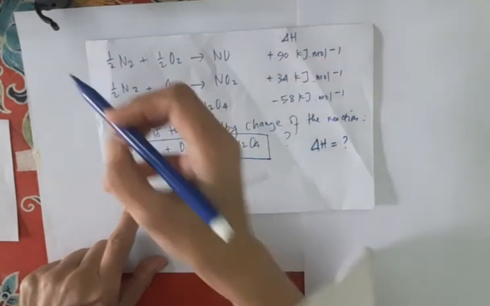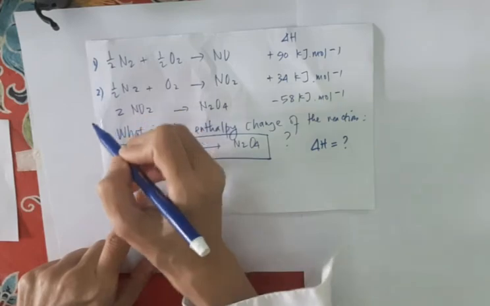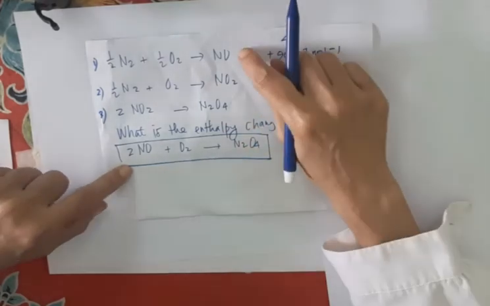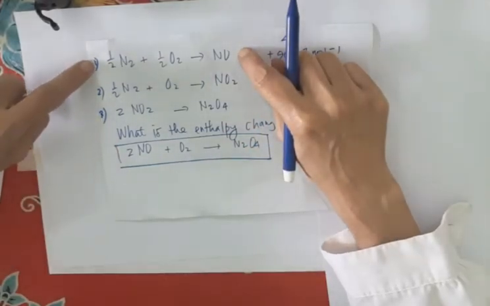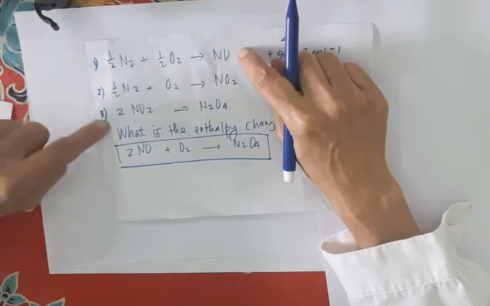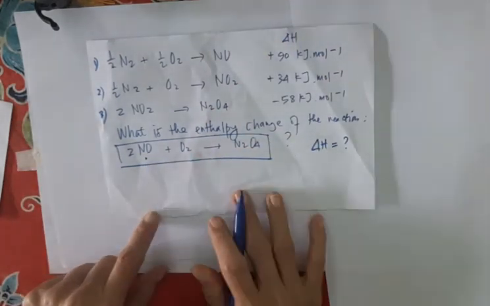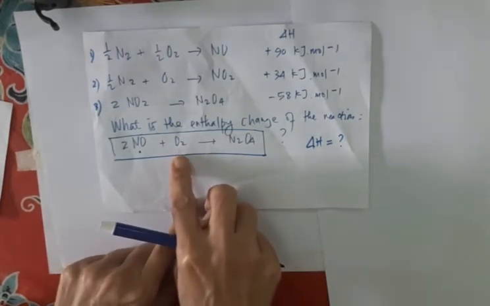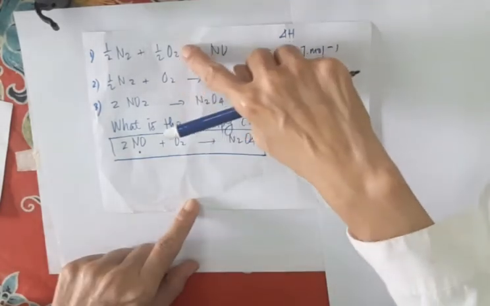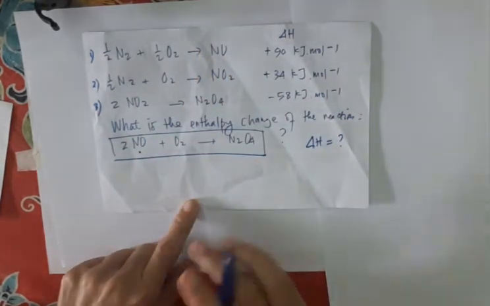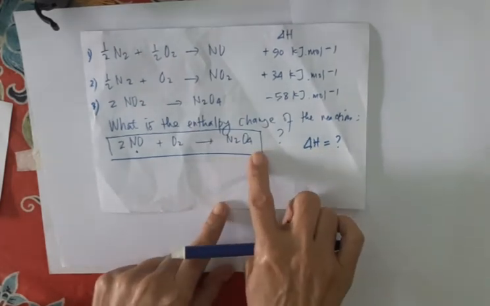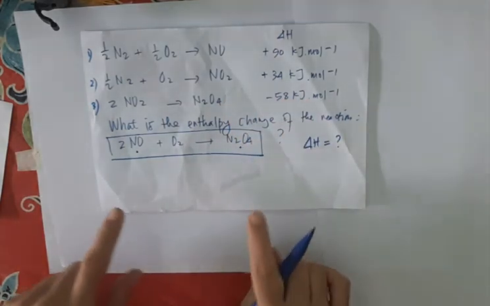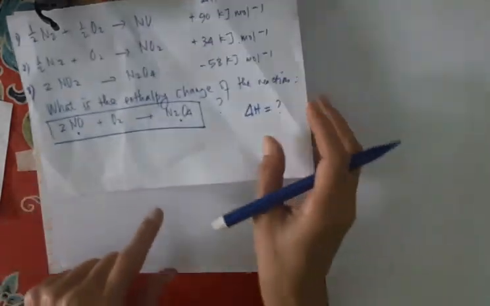NO appears in only the equation number 1, but not in the other equations. So I put a small dot. O2, oxygen molecules, appear in 2, so it's not our focus. N2O4 appears in equation number 3 only, so it's also our focus.